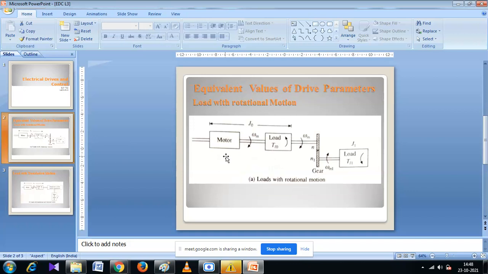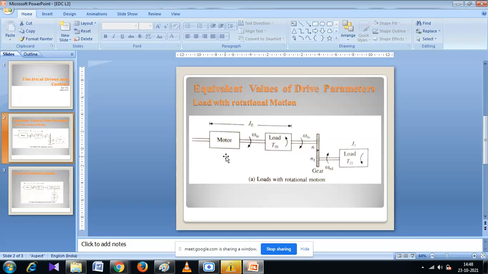First, we consider that we have a motor and load whose total moment of inertia is J0, rotating with speed omega m, and the first load torque is TL0.